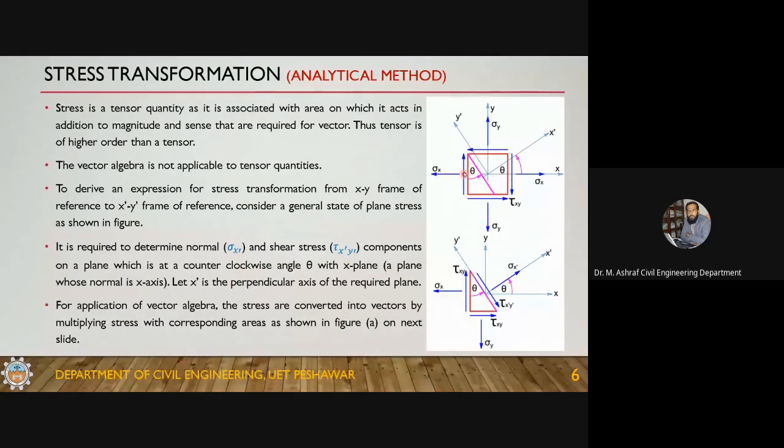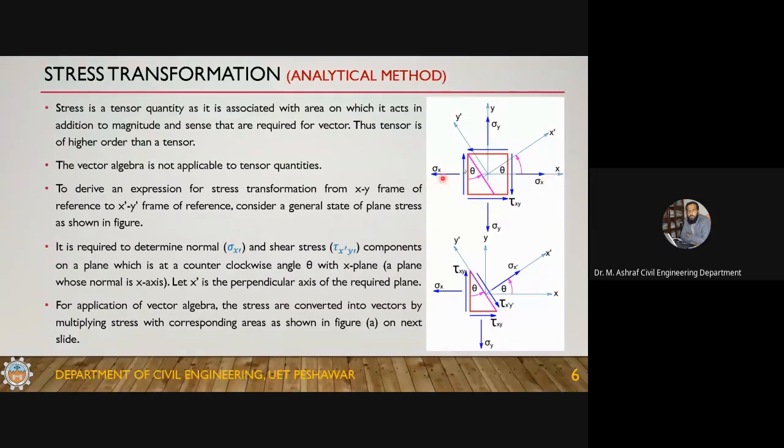Now it is required to calculate stresses on this plane. This state of stress should be in equilibrium, because it is taken from a body and the body must be in equilibrium. This point is in equilibrium because this shear couple is balanced by this couple.